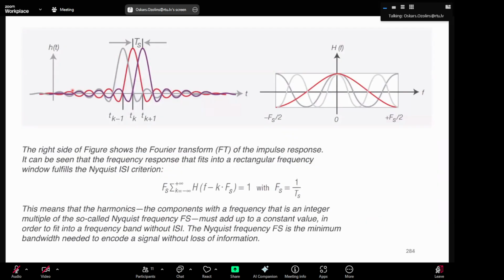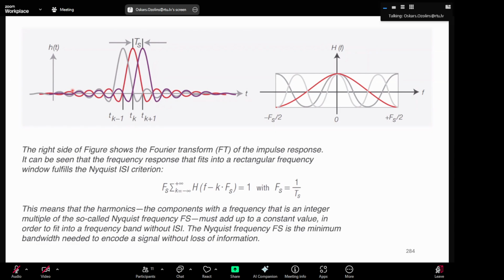Right. Then there's one more point. We already talked about these pulse shapes. So we show a Fourier transform of an impulse response.